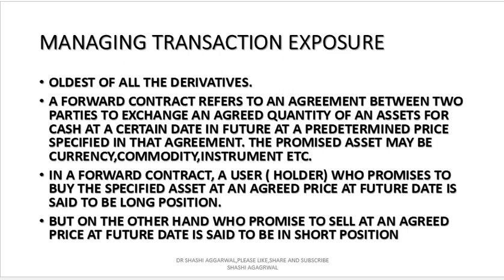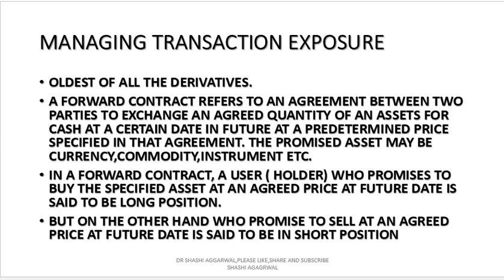Like I have imported certain things from the US, and the US dollar at the time of making the contract was 70, but I have a fear, a doubt, a guess that the US dollar will rise to 75. It may rise to 73, it may rise to 72. So I enter into a forward contract where I get the US dollar at the rate of 70 rupees 95 paisa.